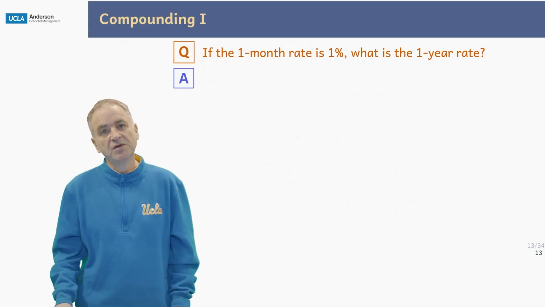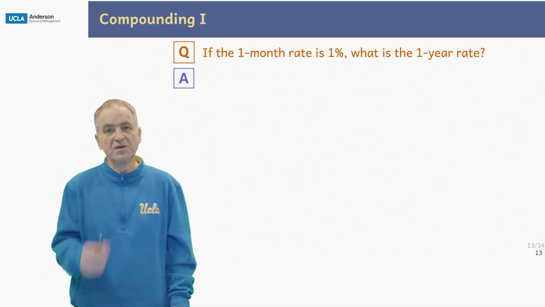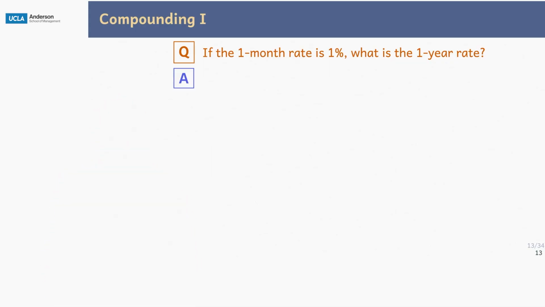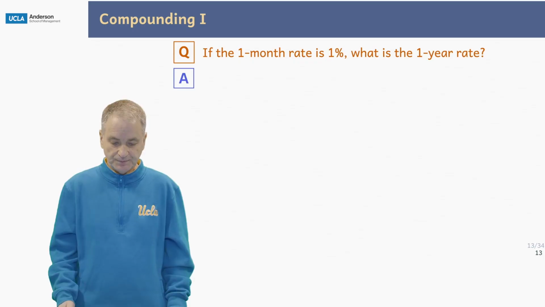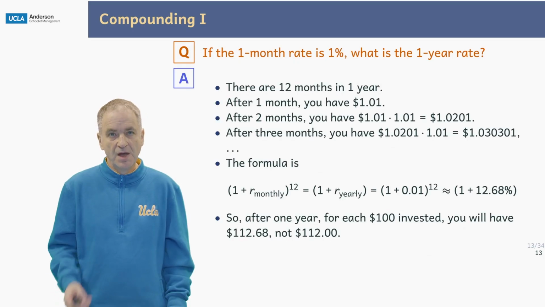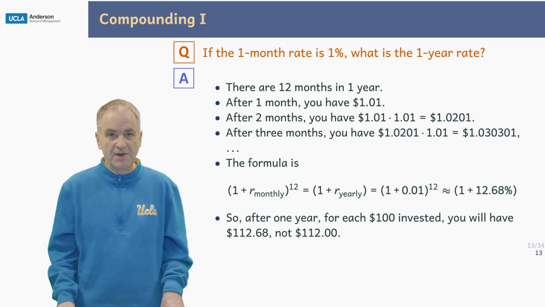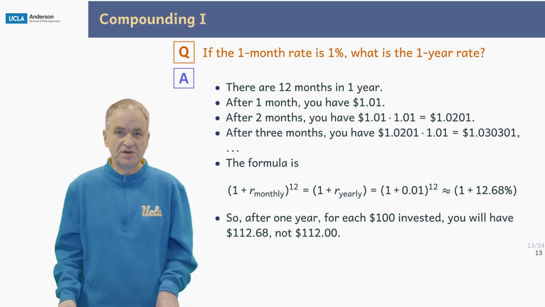If the 1-month return is 1%, then what is the 1-year rate? Please pause this video now, answer the question on a piece of paper, and then continue. Well, there are 12 months in a year. After 1 month, you have 1.01.